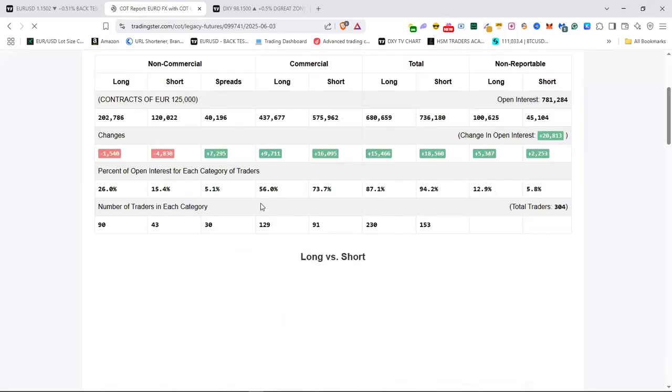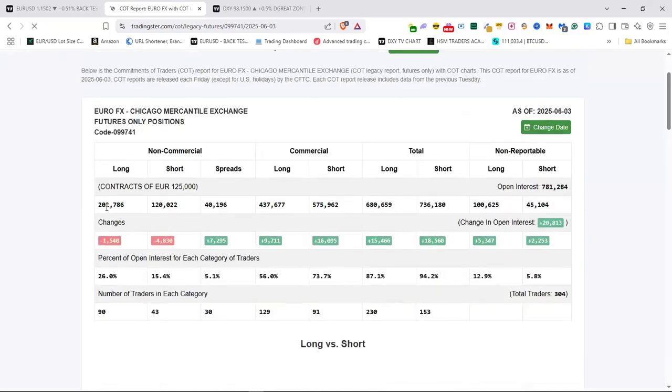What we are also doing? Now they are also increasing their long 202 and their short 120. So they still want to keep pushing price up. So it should tell you that you should be aware of this information and know how to capitalize on this. While that of commercials, their long position is 437 and their short is 575.